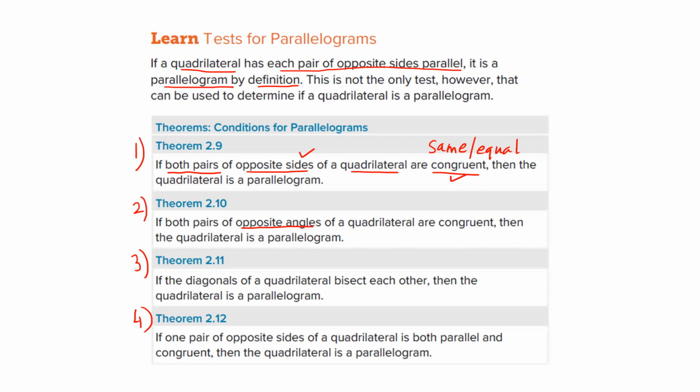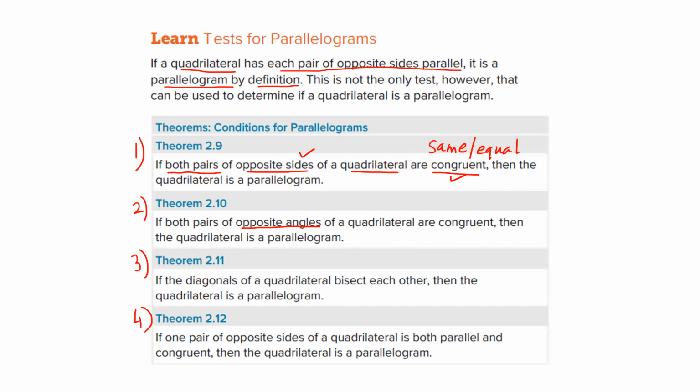If the opposite angles of a quadrilateral are congruent, then also it is a parallelogram. That's another condition. Next, if the diagonals of a quadrilateral bisect each other, meaning they're divided into two equal parts, then also it is a parallelogram.